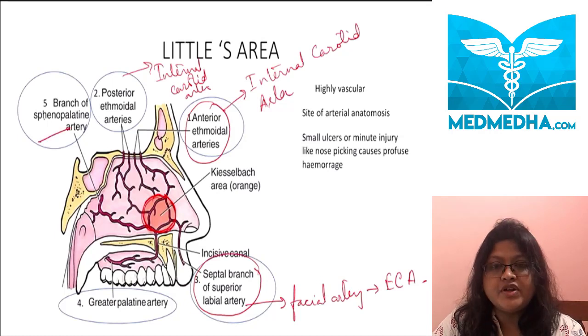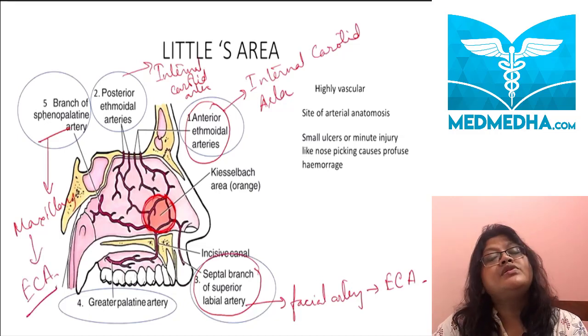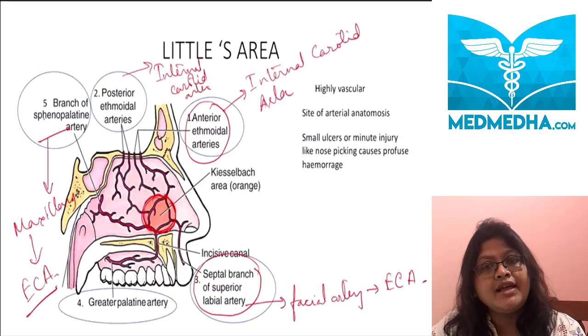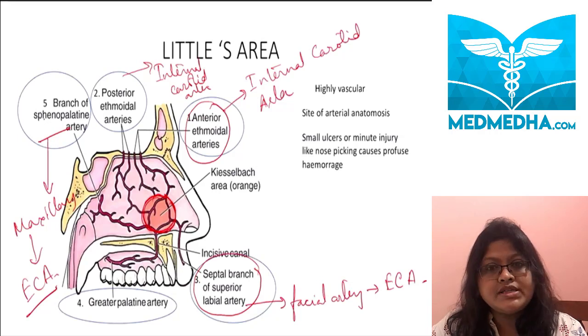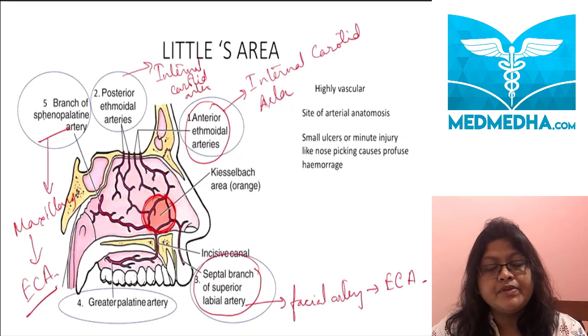And the branch of sphenopalatine artery, which is the branch of maxillary artery, which is again the branch of external carotid artery. So Little's area is the place where there is anastomosis between the branches of the internal carotid artery and the external carotid artery, which is present in the anterior-inferior part of the nasal septum.